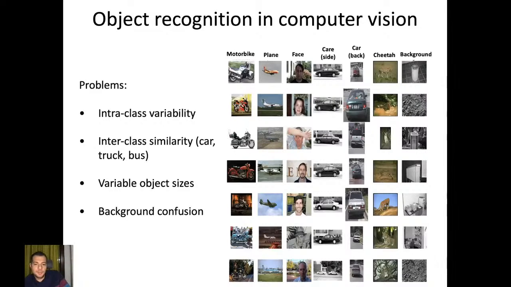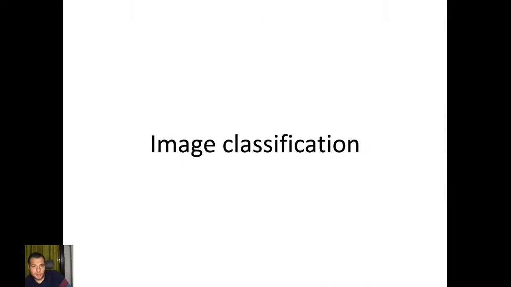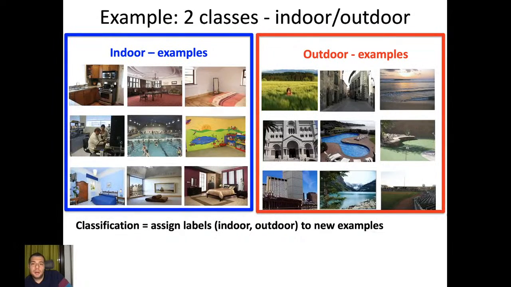These are typical problems, and because of these problems, we cannot apply a simple linear model directly on input images. We need to extract some features that can generalize better to our object classes.